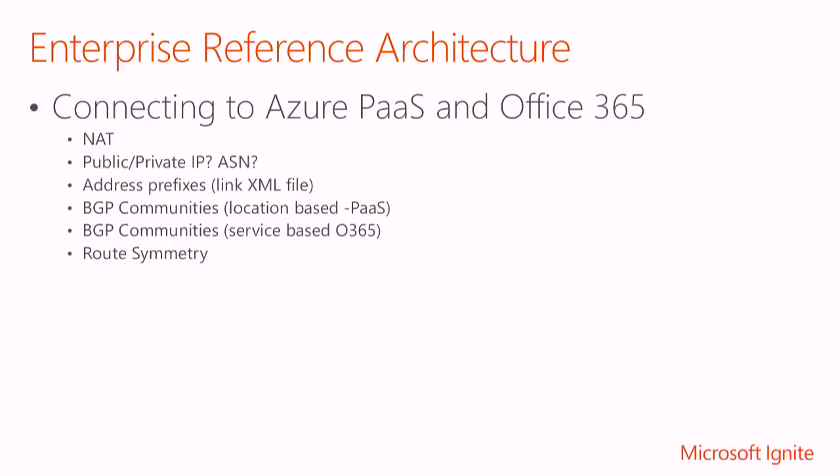Because if you advertise your network's range over the ExpressRoute and also over the internet, then the Microsoft Cloud is going to learn that and say, okay, you have two paths, and it could pick the return traffic through the other route. And when that happens, you will probably have firewalls in front of ExpressRoute or in front of your internet, and it will see only one side of the connection, and firewalls generally block one-sided connection, and you will have connectivity failure.